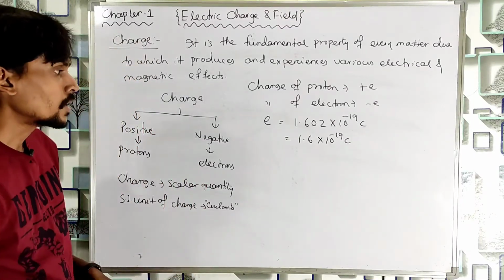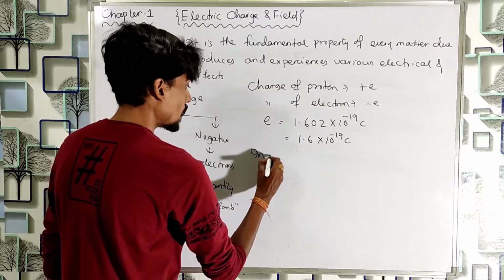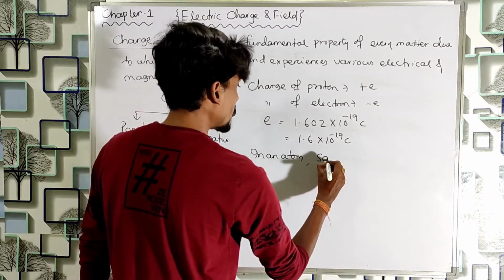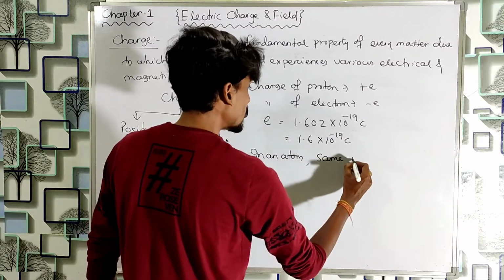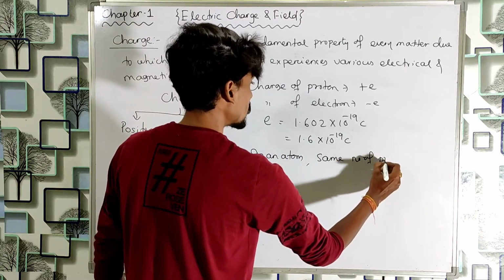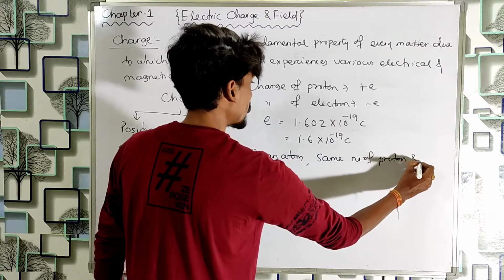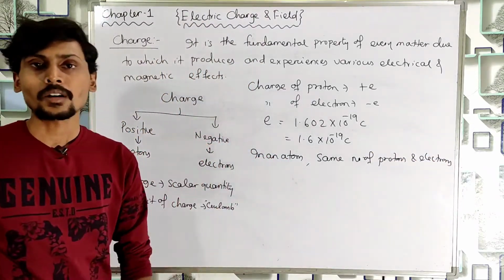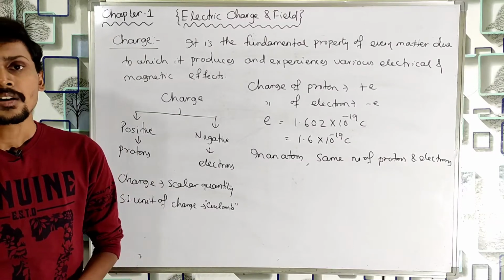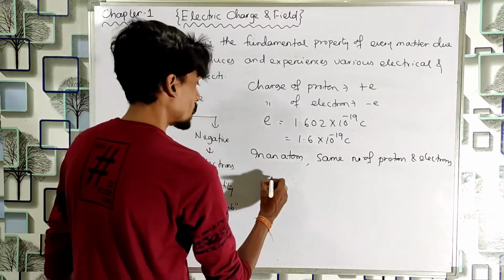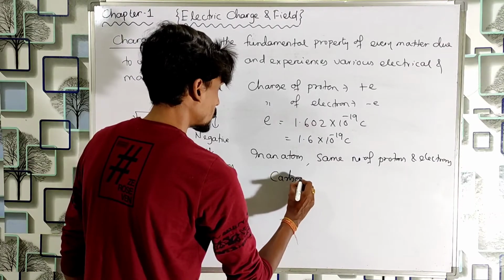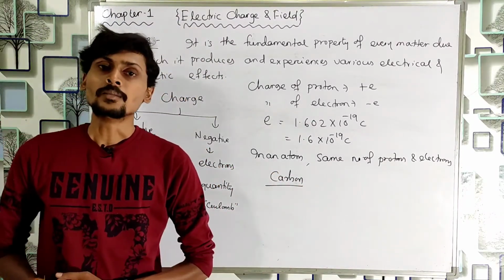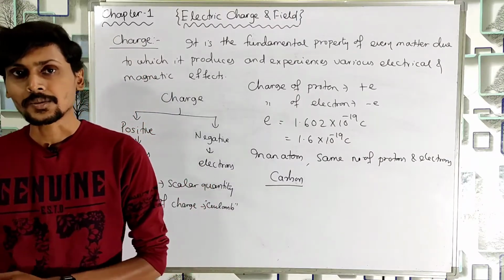And remember that in an atom we have same number of or equal number of protons and electrons. For example, if I consider a carbon atom, we know that the atomic number of carbon is 6.